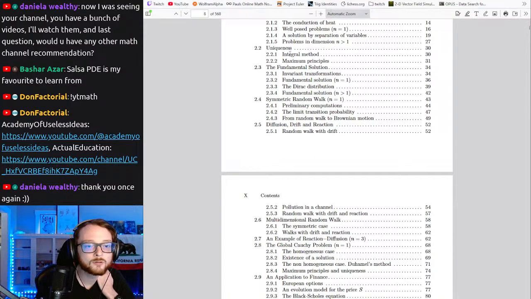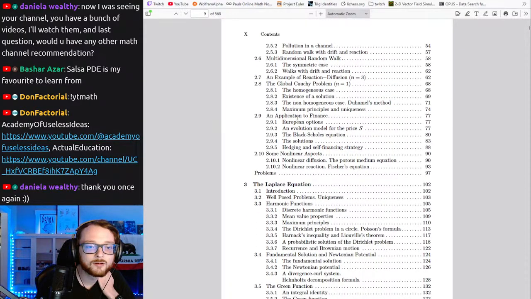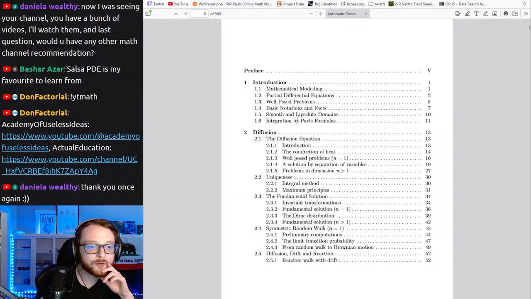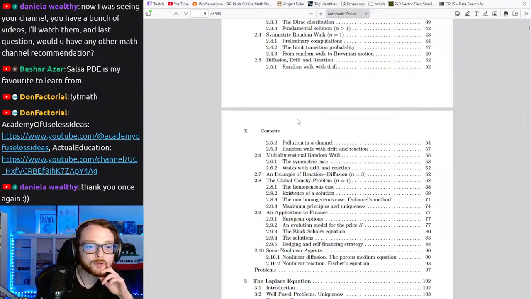Diffusion. Symmetric random walk comes up in this? Huh. Wow, this is all diffusion. Holy crap.